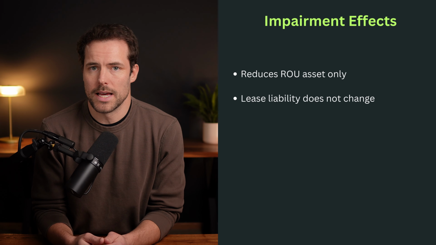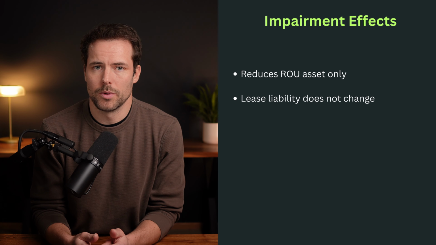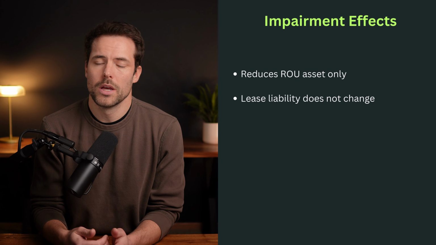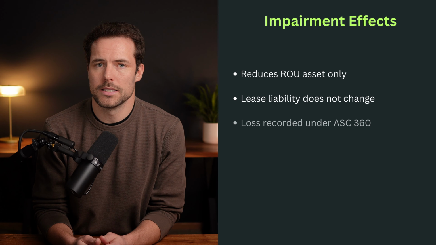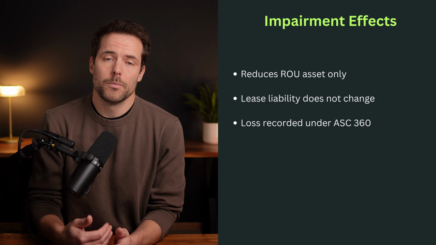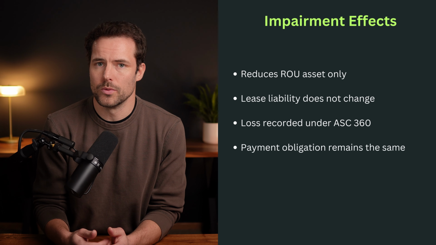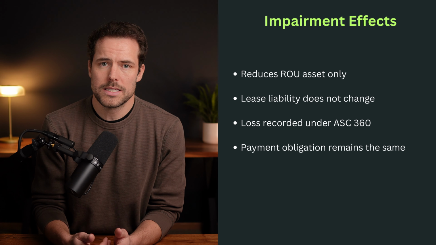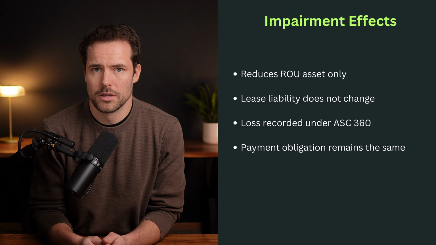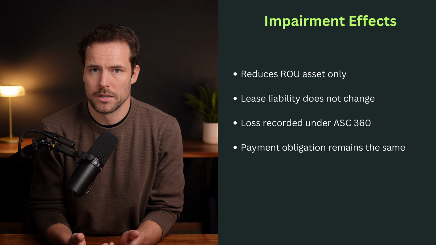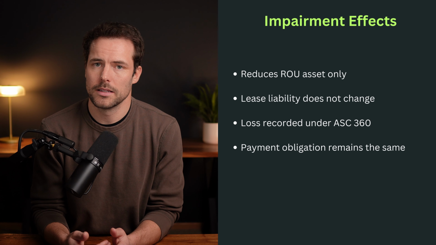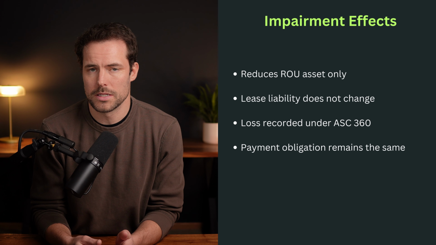If the right-of-use asset is no longer expected to provide economic benefits that justify its carrying value, we impair the asset under ASC 360. But an impairment does not change our contractual obligation to the lessor, so the lease liability remains unchanged. We still owe the same payments, regardless of whether the asset continues to generate value for us.